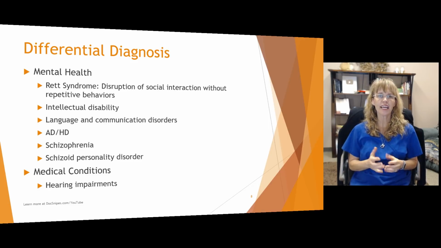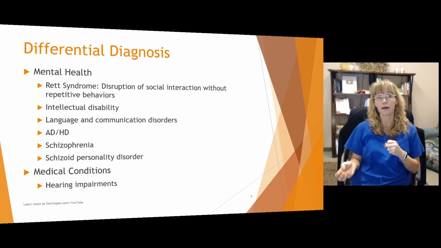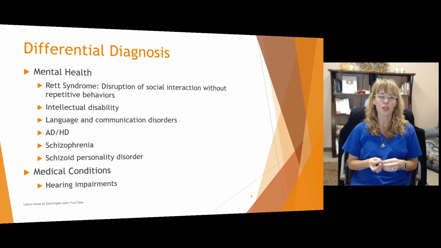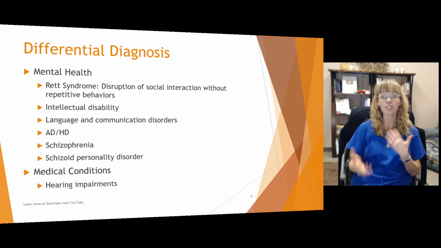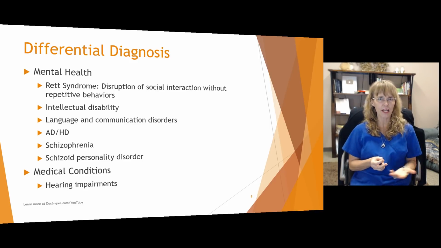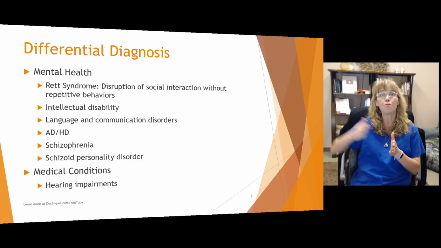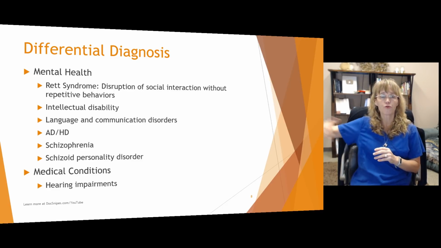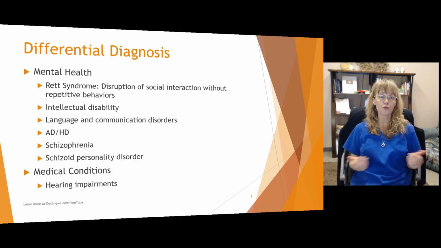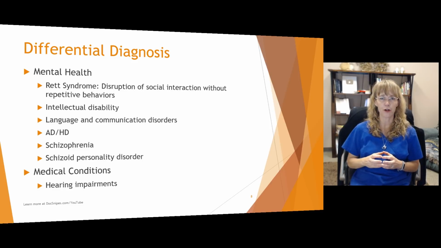So in differential diagnosis, Rett syndrome is one of those that could appear like autism. Rett syndrome causes a disruption of social interaction, but often does not also entail the repetitive behaviors. And it often gets better after the child reaches a certain age. So you do want to assess for Rett syndrome.